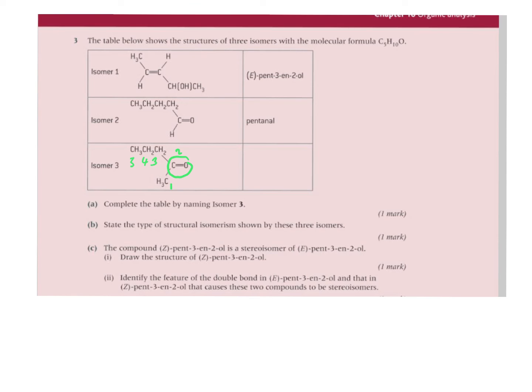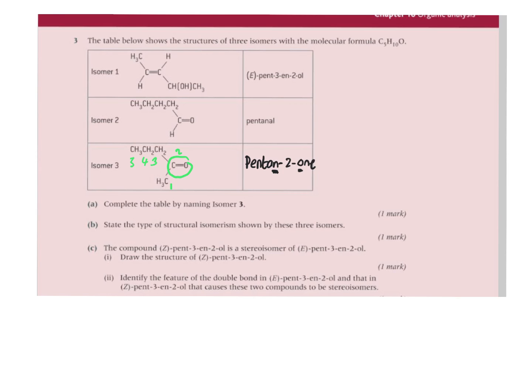It's a ketone with 5 carbons, so the stem is pent, and the carbonyl group is on position 2, so it's pentan-2-one. Notice we put a consonant N in because we're followed by a vowel, O.